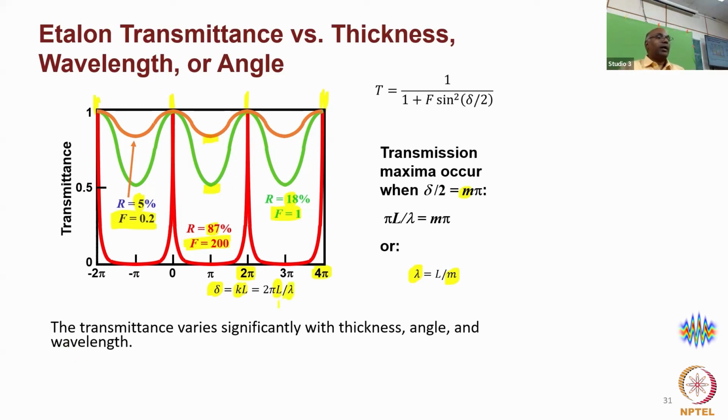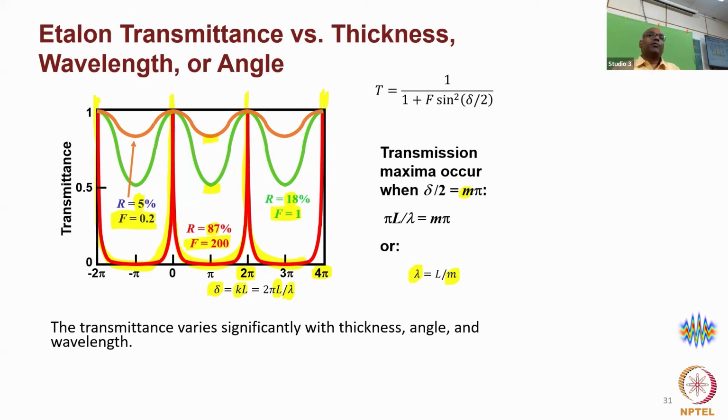So I can take an etalon and sweep the wavelength of the incident wave, if my source is tunable, and measure the transmittance. The transmittance would find a maximum, go through something close to 0 if f is large, find a maximum, go through 0 and a maximum and so on, as I sweep the wavelength for a given etalon and geometry.